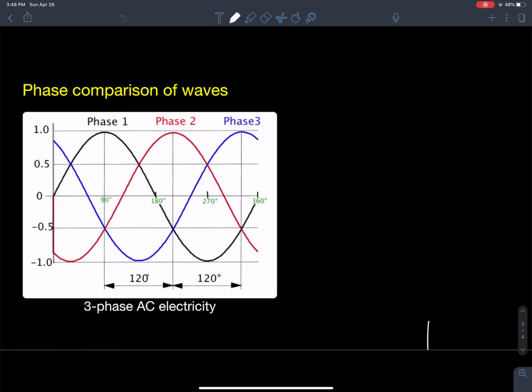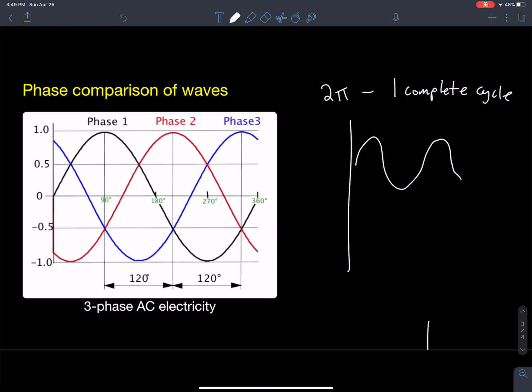But when we talk about phase in IB physics, we talk about phase in terms of 2 pi or pi. So remember, 2 pi radians is equal to 1 complete cycle. So if I had 2 waves and they were exactly in phase, they would be at the same part in the cycle in time.